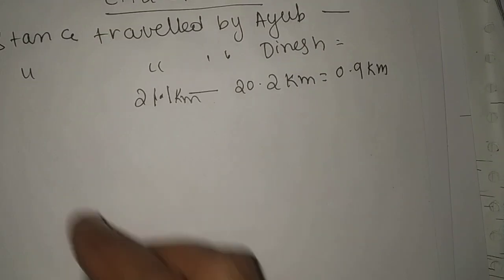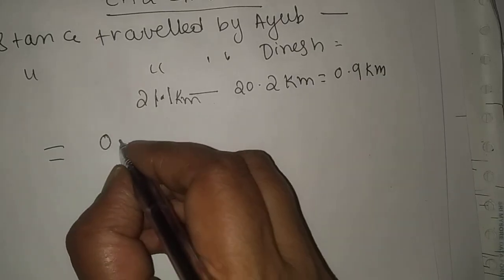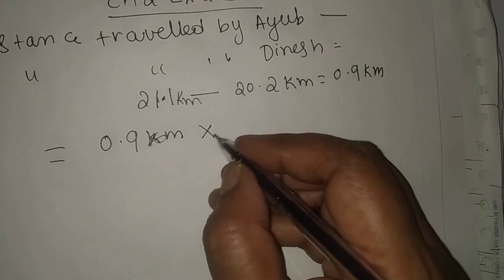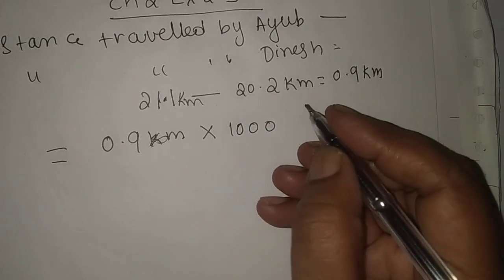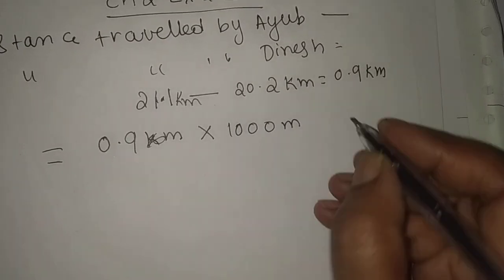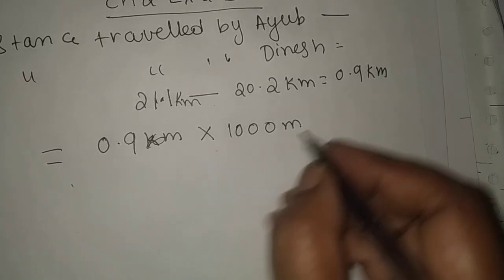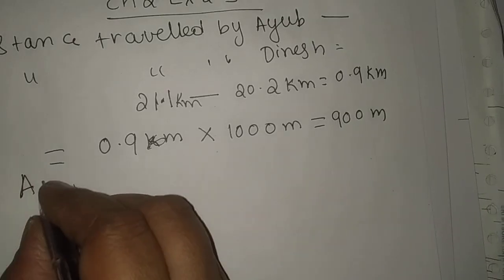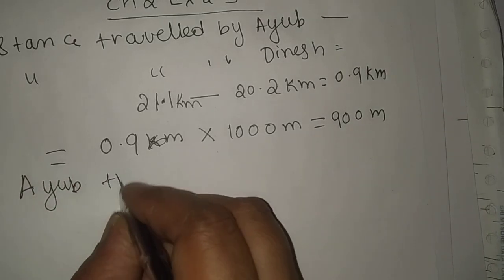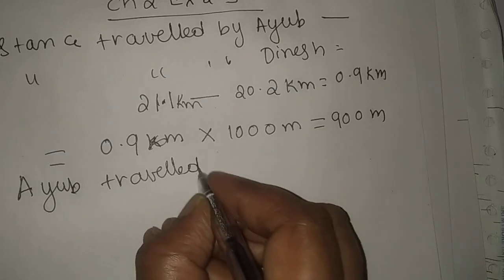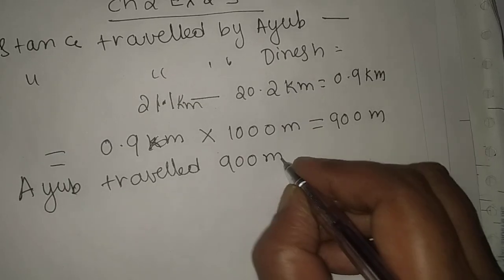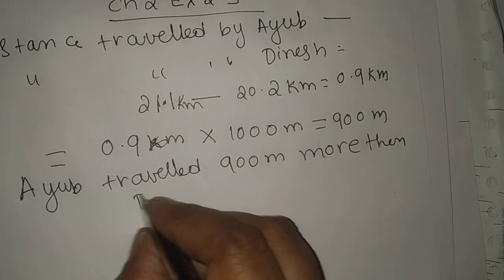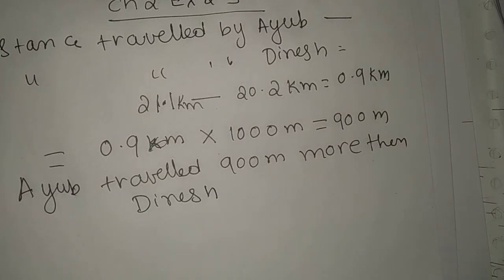We convert this into meters. Therefore 0.9 kilometers into 1000. So 1 kilometer is 1000 meters, which is equal to 900 meters. So Ayub traveled 900 meters more than Dinesh. So this is the solution.